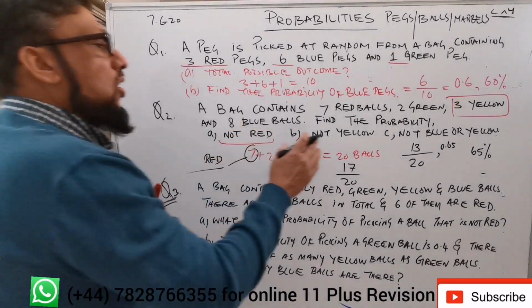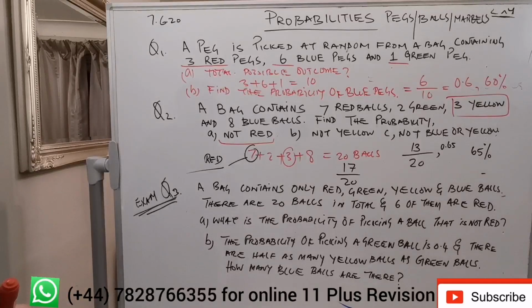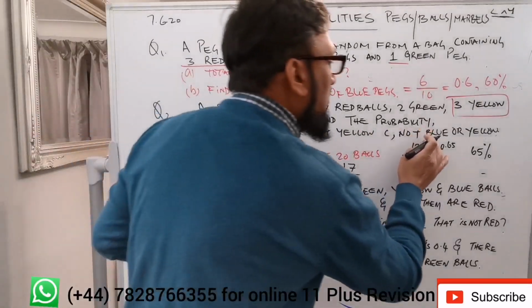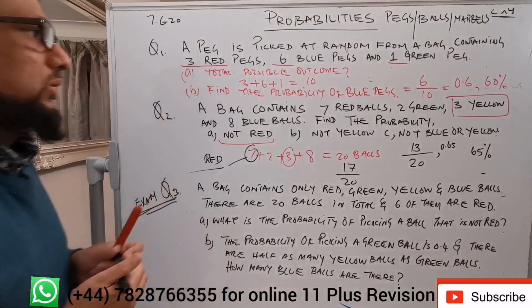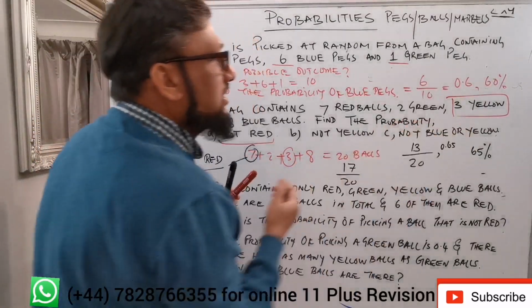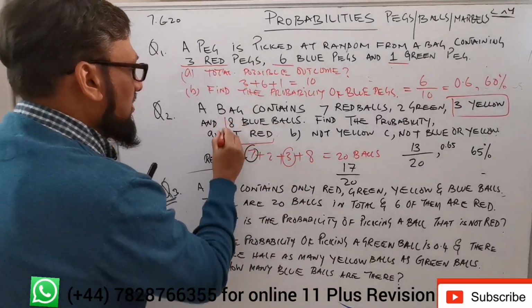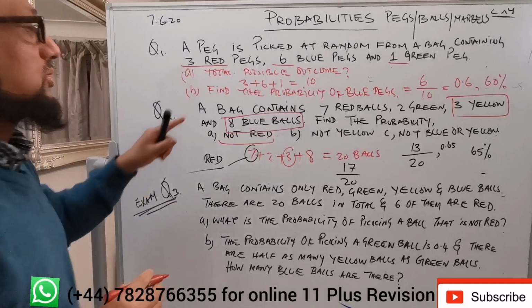Now move to part C. It says not blue and yellow. So how many are blue and yellow? Blue are 8, and the total is 20.